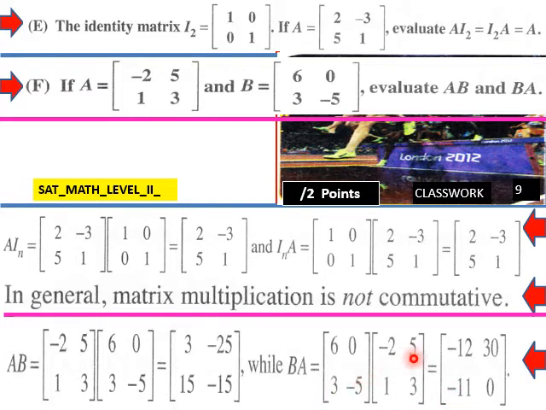And then 3 times 5 is 15. And then -5 times 3 is -15. And that gives us a 0. So this is BA. And then this is AB. So you see how it's not commutative. Multiplication would not be commutative.